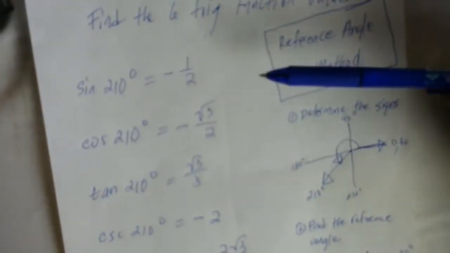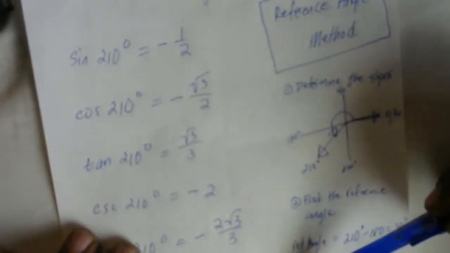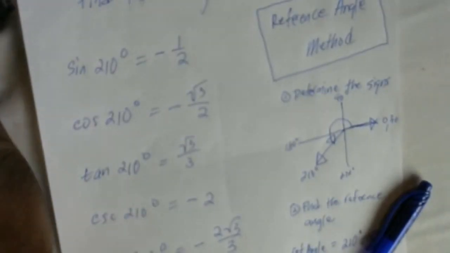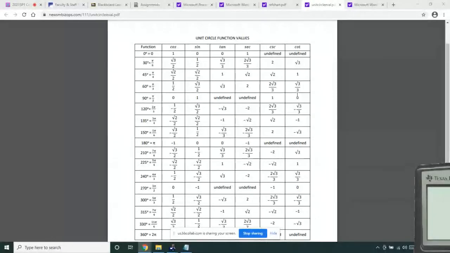Here is a second method to find these 6 trig functions. You can use the unit circle function values, and this is from that formula sheet section. They're laid out here. If I look at 210 degrees, we can compare these with the reference angle calculation.